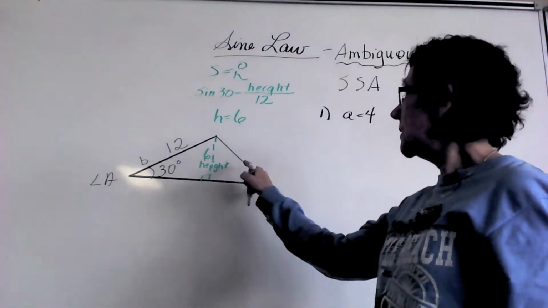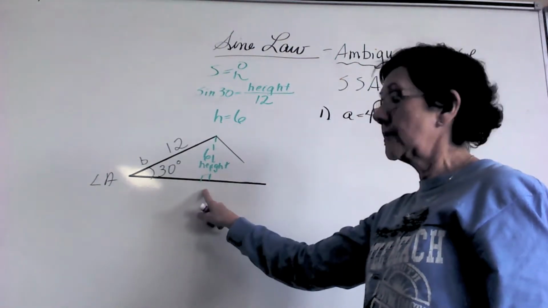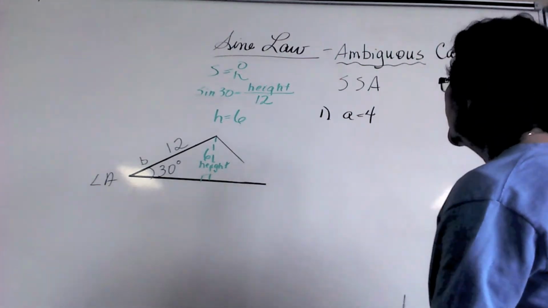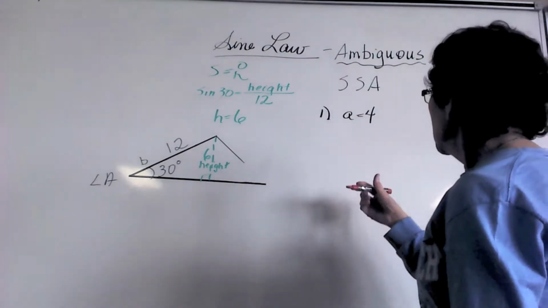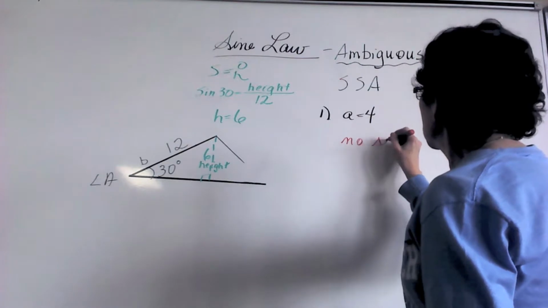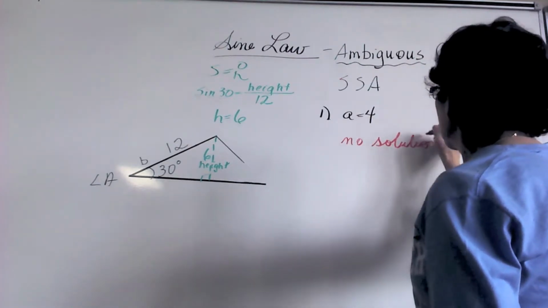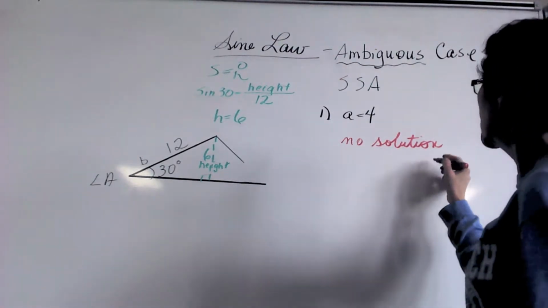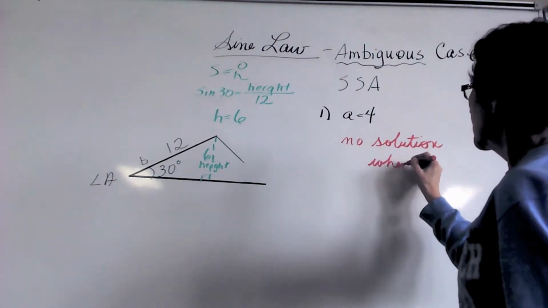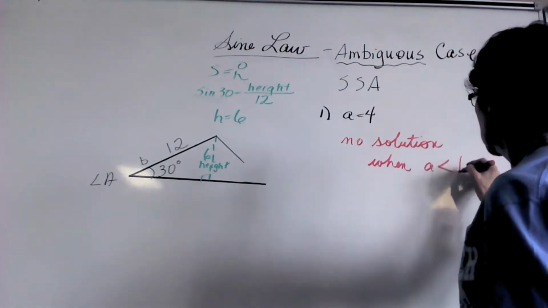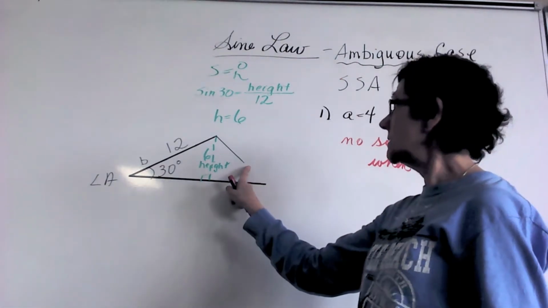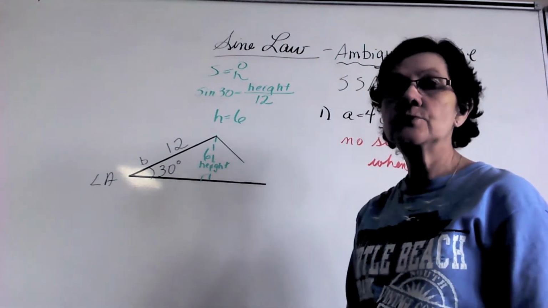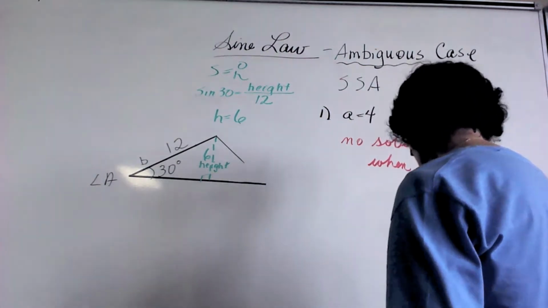So where this side A is smaller than our height, we have no solution. No solution when side A is less than H. This side, opposite the angle, is less than the height of the triangle, so there is no solution to that triangle.